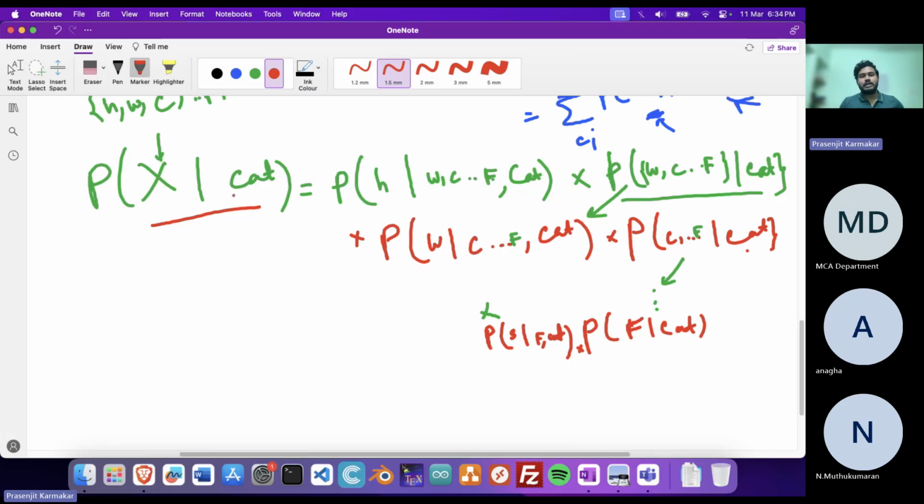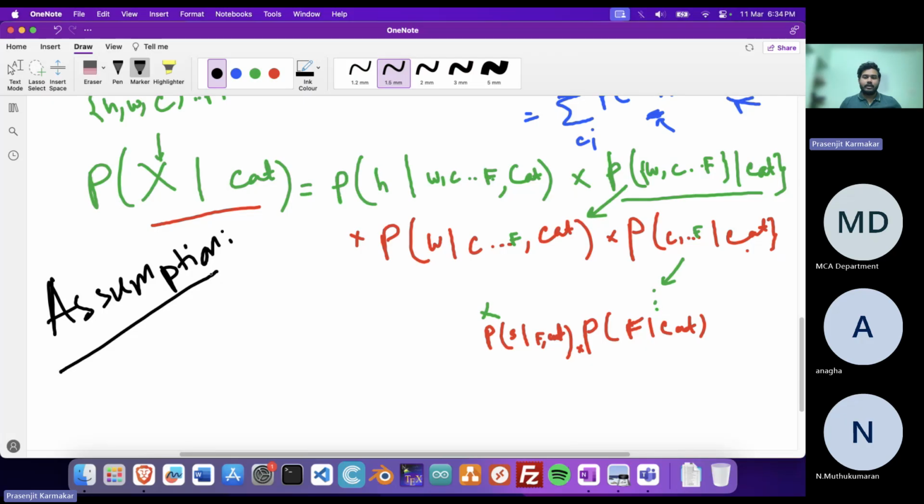So one assumption that naive Bayes makes. So this is a crucial assumption for the naive Bayes classifier. What is it?